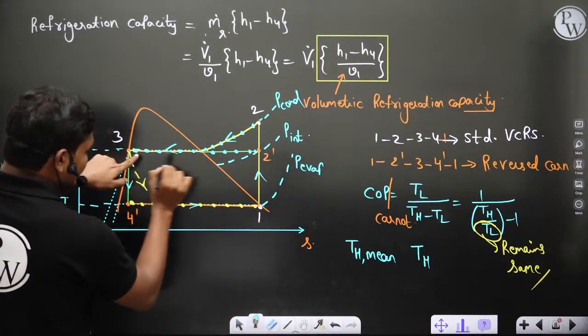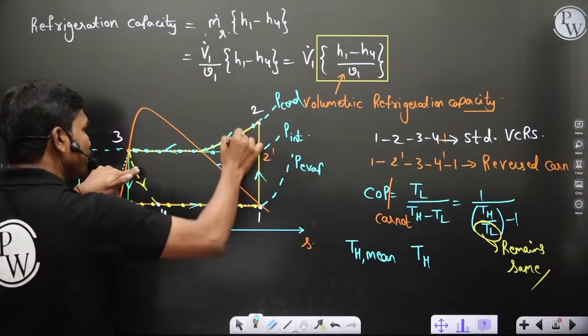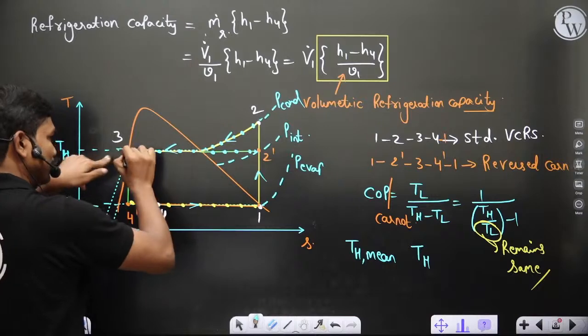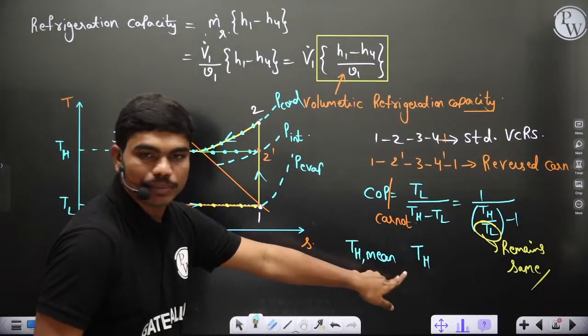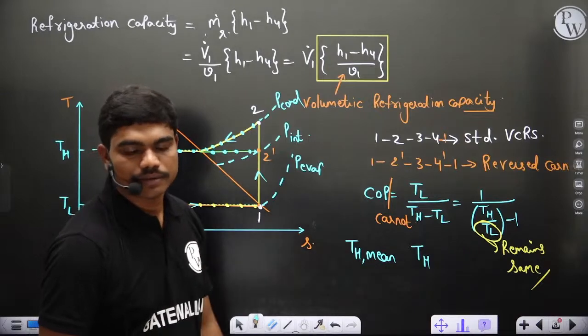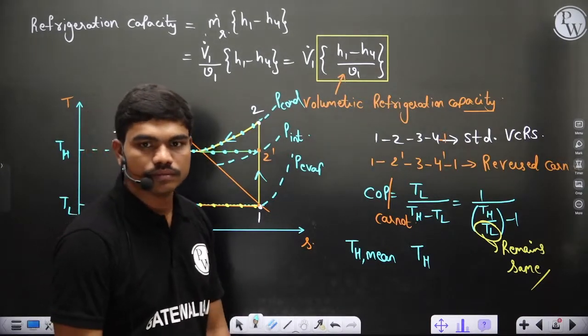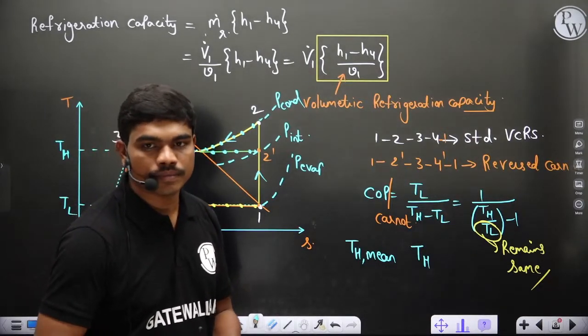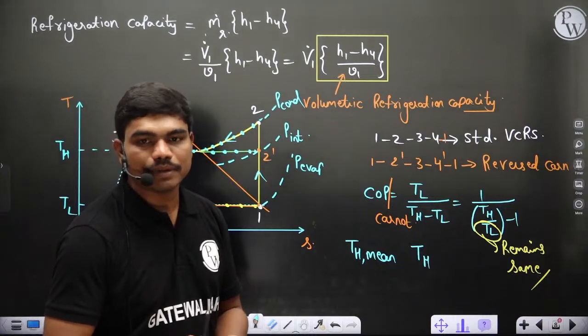Look, TH is actually this temperature and TH mean is the mean temperature of heat ejection in the process 2 to 3. So can anyone tell me, between these two, which symbol should come? Greater than, less than, equal to? Come on, please type in the chat box.